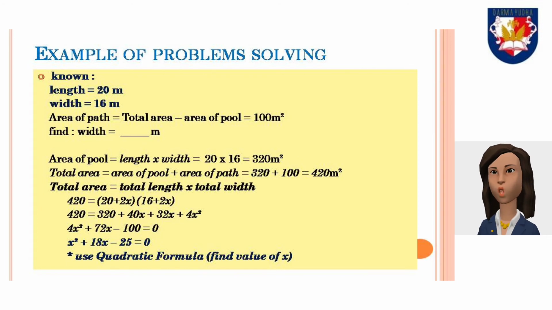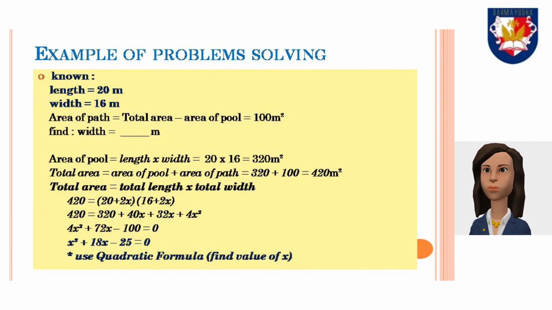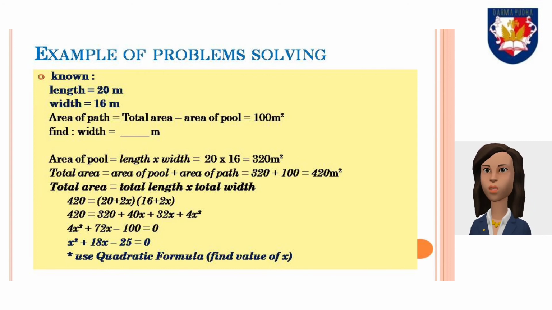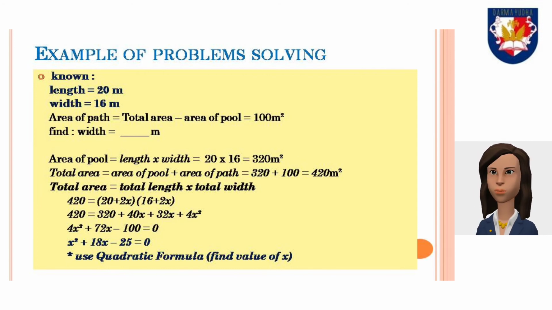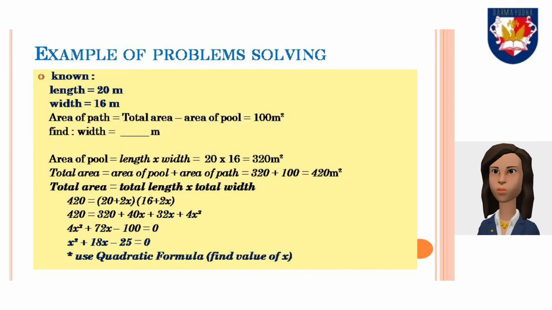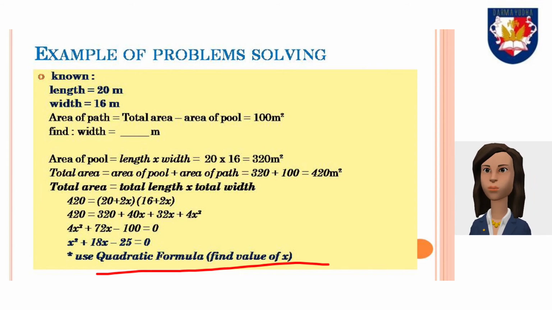Area of the pool equals length multiplied by width. After we get the area of the pool, find the total area. The total area is total length multiplied by total width. After you find the multiplication, simplify to form the quadratic equation. After that, we solve it using the quadratic formula.